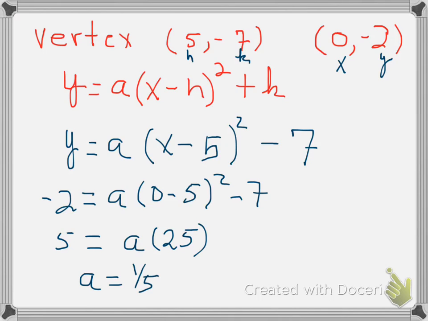So the equation of our parabola is going to be y equals 1/5 (x minus 5) squared minus 7. And if I could do that, I'd feel pretty good.